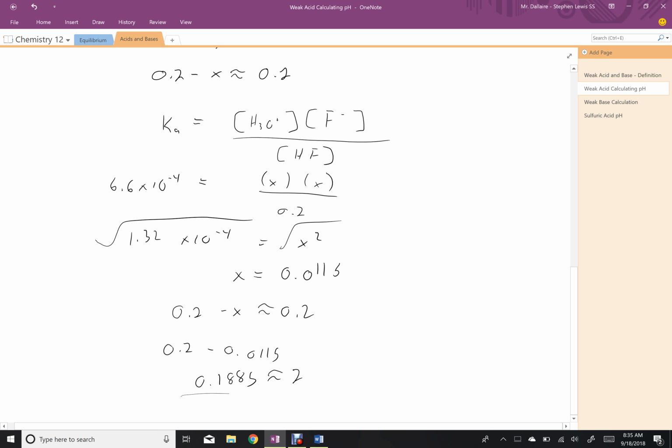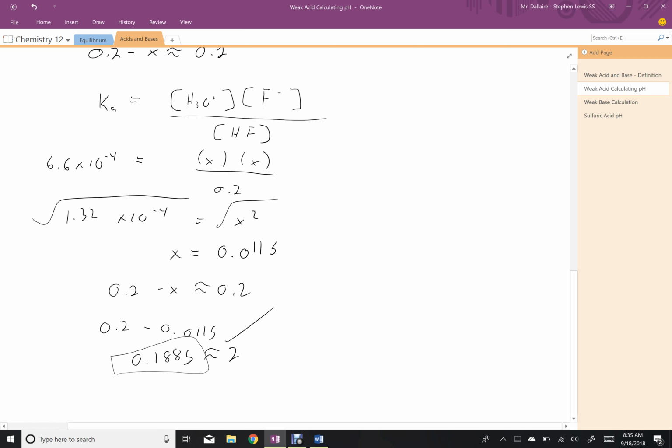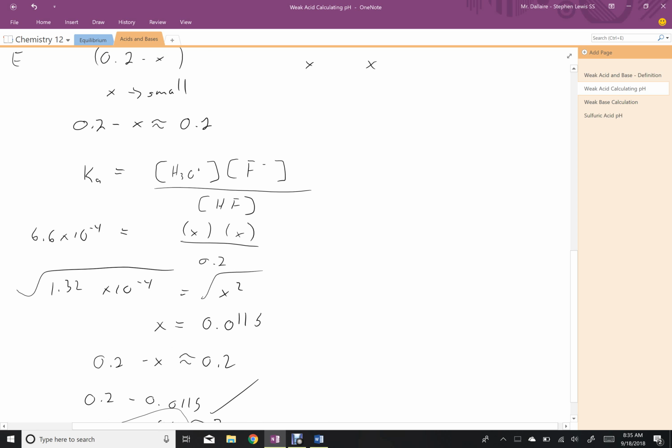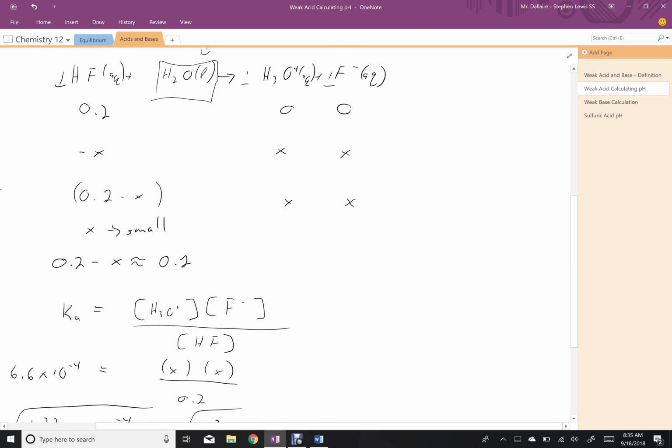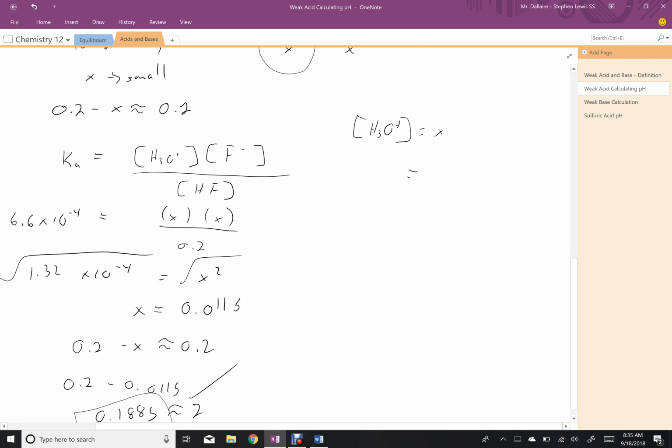If it isn't, you could repeat the calculation starting with that, but since this is only for the sake of a calculation for a class, I think it's probably close enough, so I'm going to call that assumption okay. What that means then is that my concentration, if we go back, of H3O+, which is what I want for a pH, is equal to X, is equal to 0.0115.